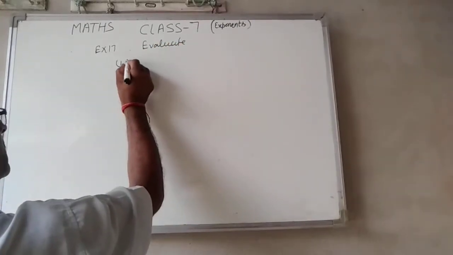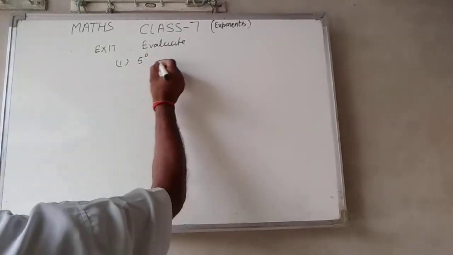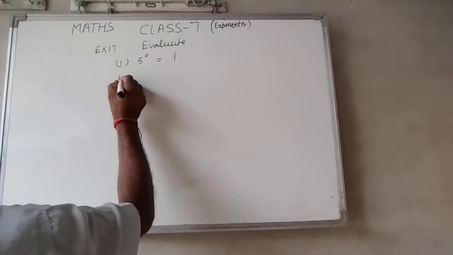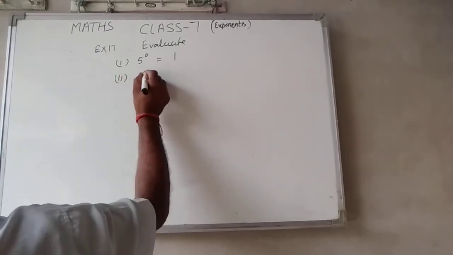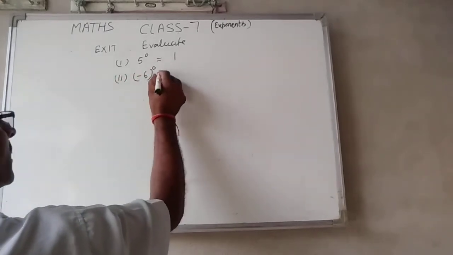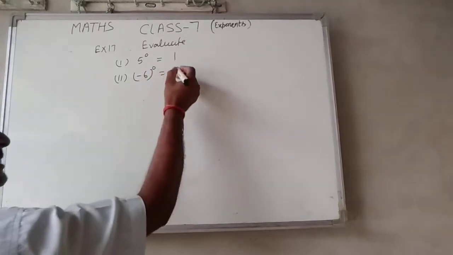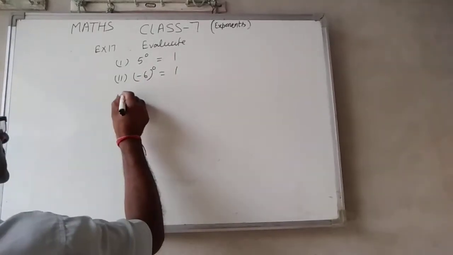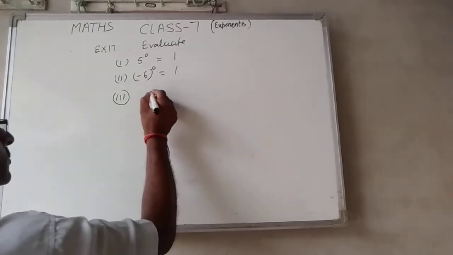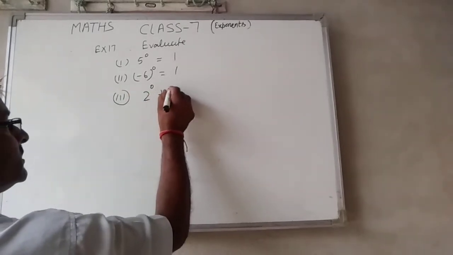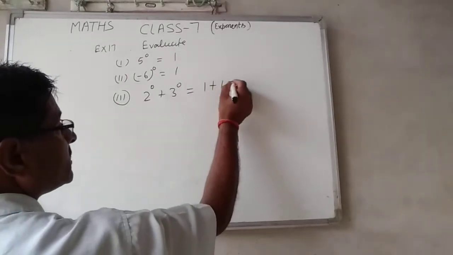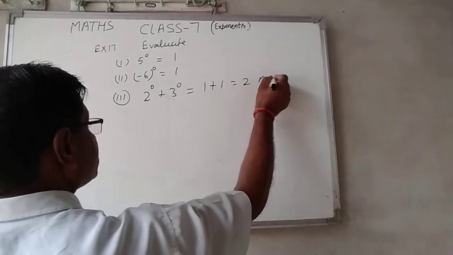First part, 5 to the power 0. If any exponent has power 0, its value is always 1. Second, minus 6 to the power 0. Whether the base is positive or negative, if the exponent is 0, the value is always 1. And the third part, 2 to the power 0 plus 3 to the power 0 is equal to 1 plus 1, which is equal to 2. Answer.